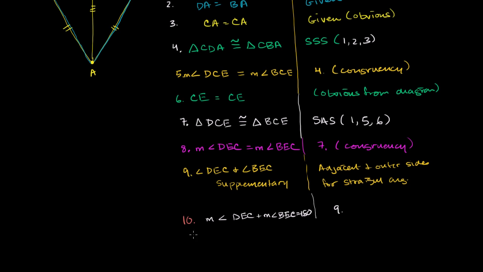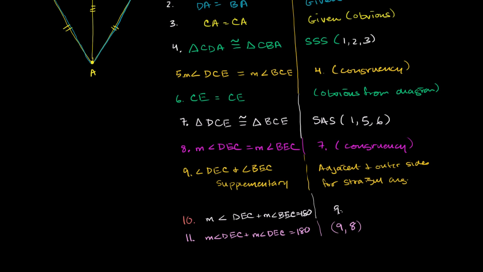And then we could say, statement 11, the measure of angle DEC plus the measure of angle DEC is equal to 180 degrees. We know that from statement 9 and statement 8.